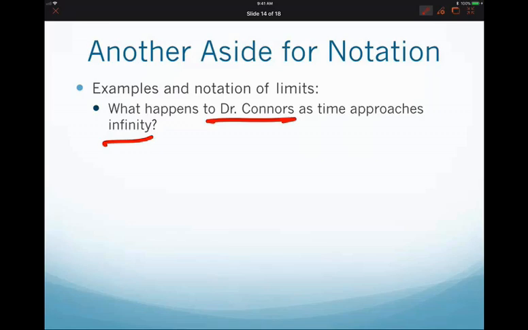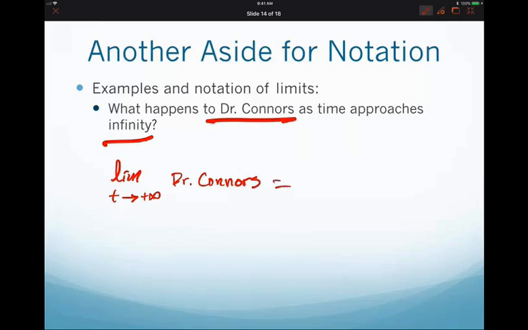The way we would write this in mathematics is we would say the limit, and we write Lim, and it's always the script L. And we write the idea of the limit below it. So we would say time as it approaches positive infinity for Dr. Connors equals, well, I'm not going to live forever.